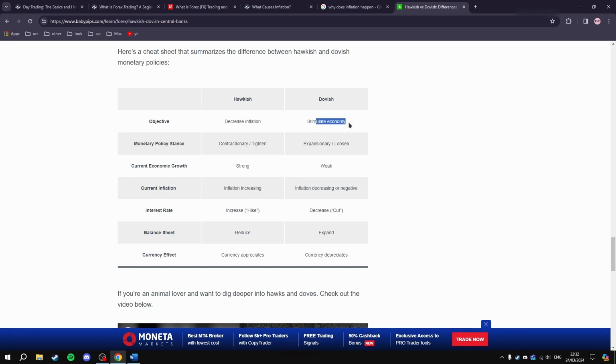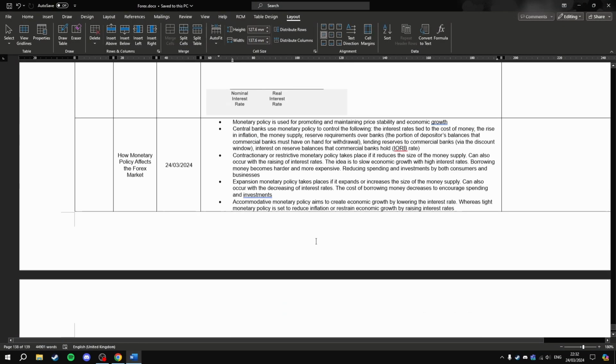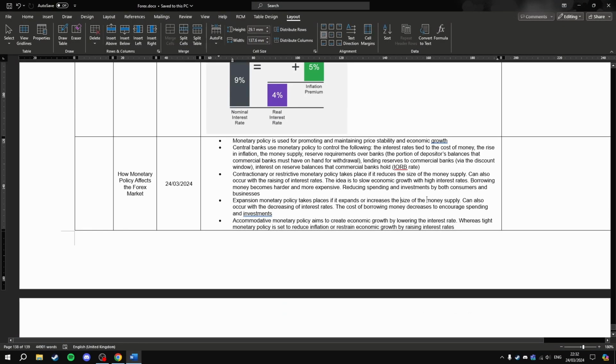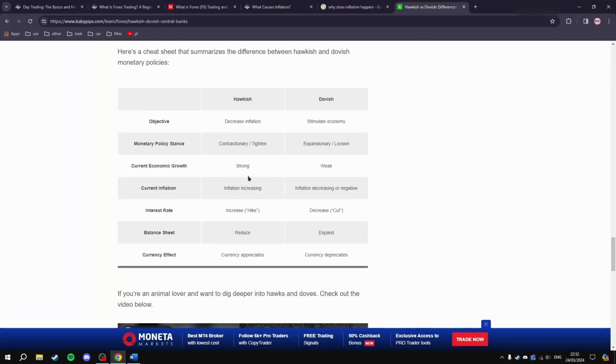Right, so that means they would have to decrease interest rates, right? Monetary policy stance: contractionary, tighten; expansionary, loosen. So expansionary, increase the size of the money supply, can also occur with the decreasing of interest rates. Current economic growth: strong, weak.